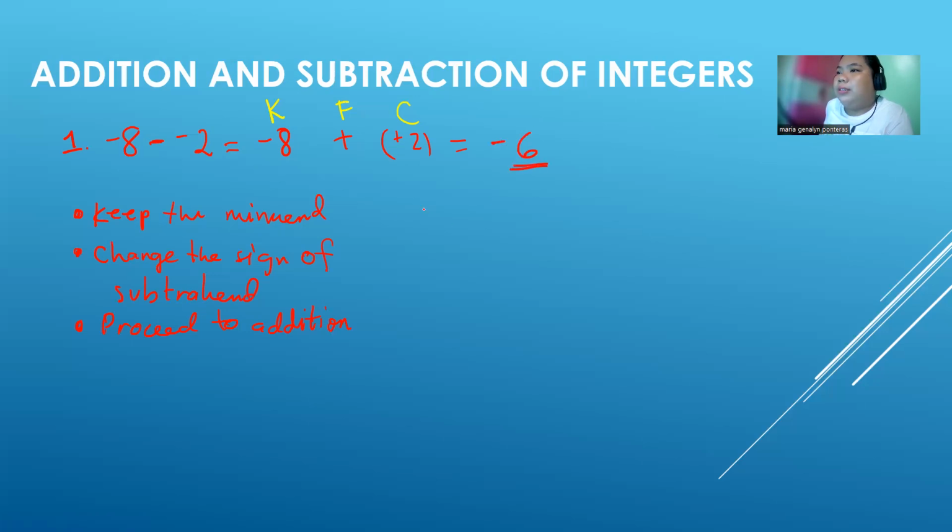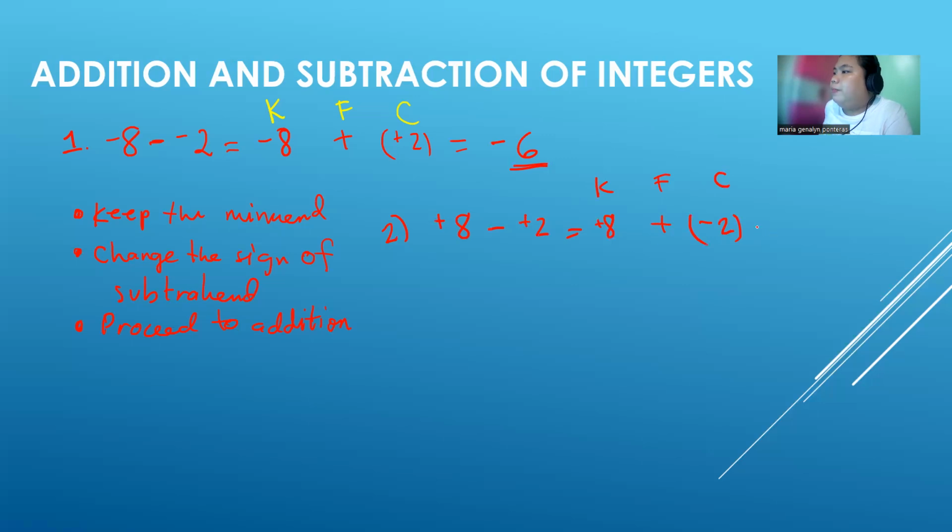And so second, positive 8 minus positive 2. So using KFC, keep the minuend, positive 8, flip, yung minus gagawin plus, change, that would be negative 2.